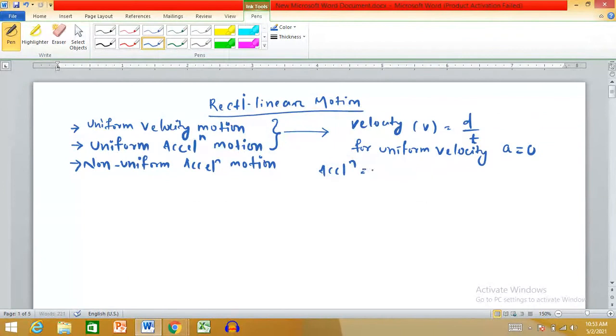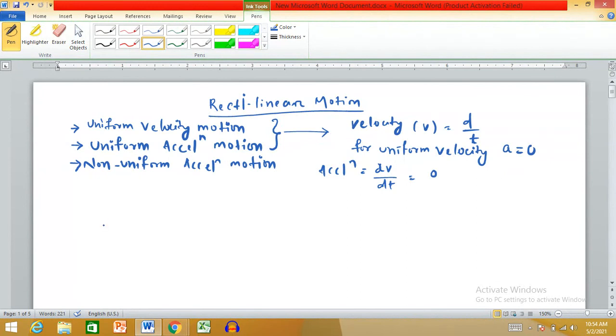The formula for acceleration is change in velocity by change in time. As the body is moving with uniform velocity, there will be no acceleration. So we will find acceleration as zero. This is the case of uniform velocity.